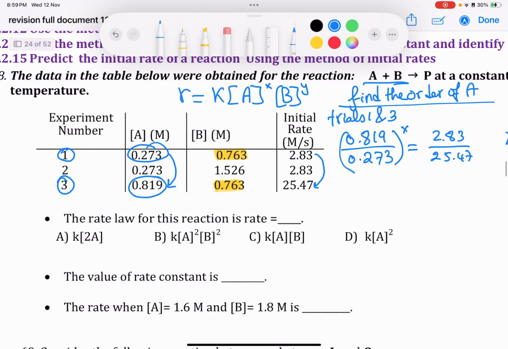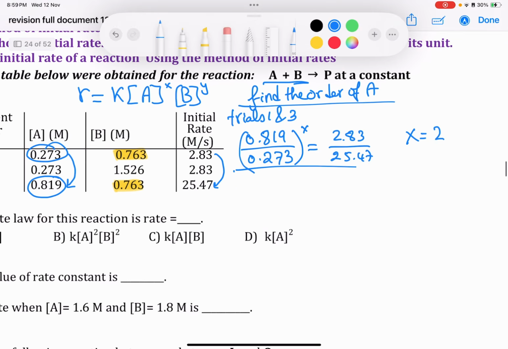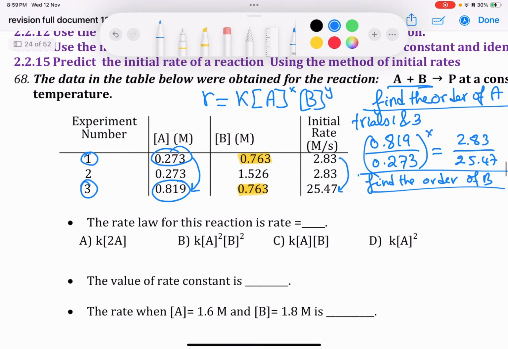Now, let's find the order of B. In order to study the order of B, I need to choose the trials where A was constant, so that I can understand what B did to the rate.